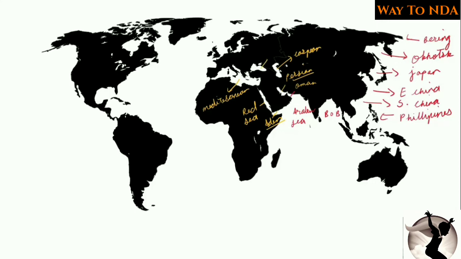and here this is the Black Sea, and this area is the Mozambique Channel. Find the Mozambique Channel in your atlas and mark it down. Then this is Hudson Bay.